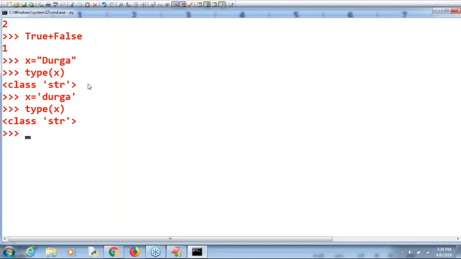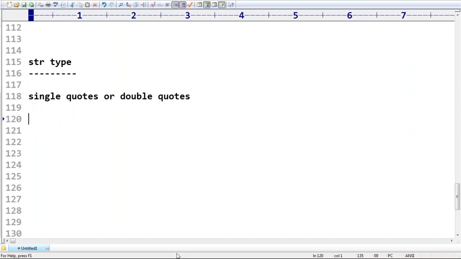Next, there is one more point you should be aware of. In Python, we can also use triple quotes, either single quotes or double quotes. Observe, this is a string because I'm taking it within double quotes. I can take it within single quotes also, no problem at all.